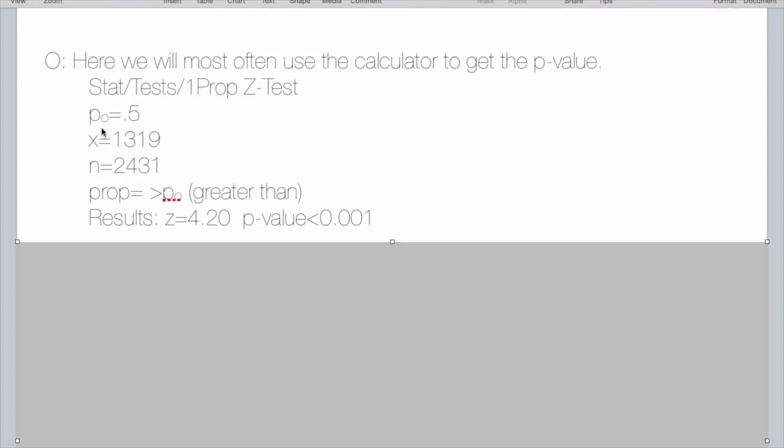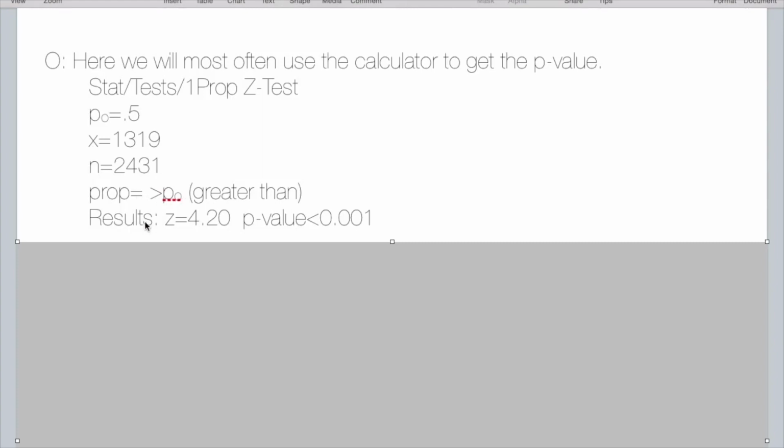The number of successes, in this case we had 1,319 home games that were won, out of a sample of 2,431. The alternative proportion, which is the section you come to here, is we think that proportion should be more than simply 0.5 because it is an advantage. It should be greater than 0.5.